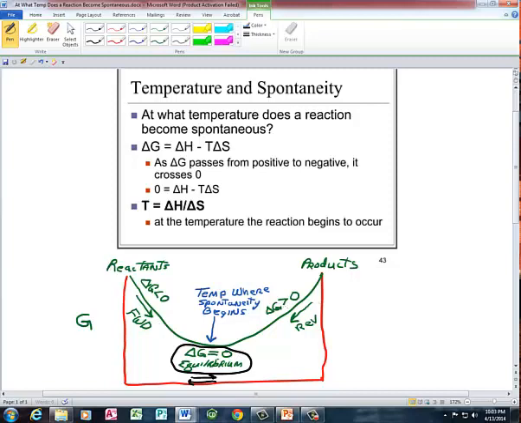That means the reaction is non-spontaneous forward, but it is spontaneous in the reverse direction. And all reactions, whether spontaneous forward or spontaneous reverse, head toward equilibrium where delta G is equal to 0. And this is the temperature, the temperature based on delta G equals delta H minus T delta S. This is the temperature at which a reaction can become spontaneous.